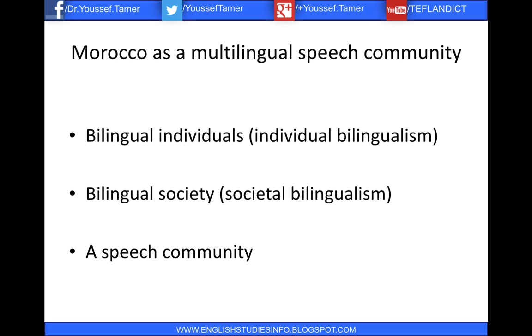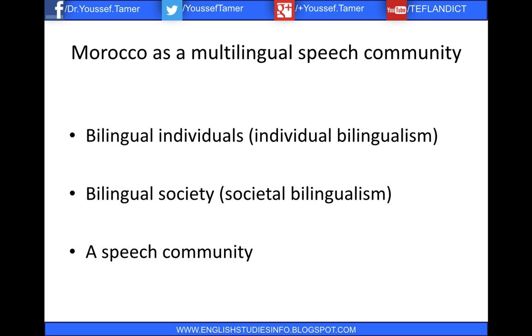Now, just to give you a definition of speech community, because that's the first thing we have to start with. I have already mentioned it, but I repeat it again.